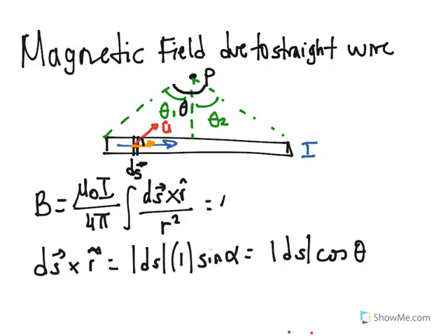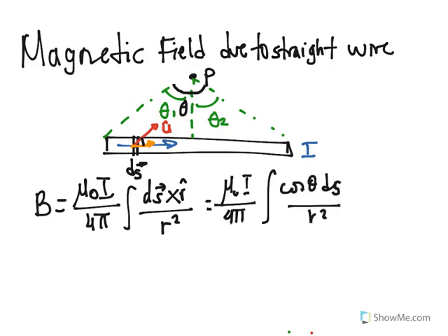So in this sense, this is going to be the integral of cosine of theta ds over r squared. Now we only need to manipulate ds and r in order to have an integral from theta 1 to theta 2.